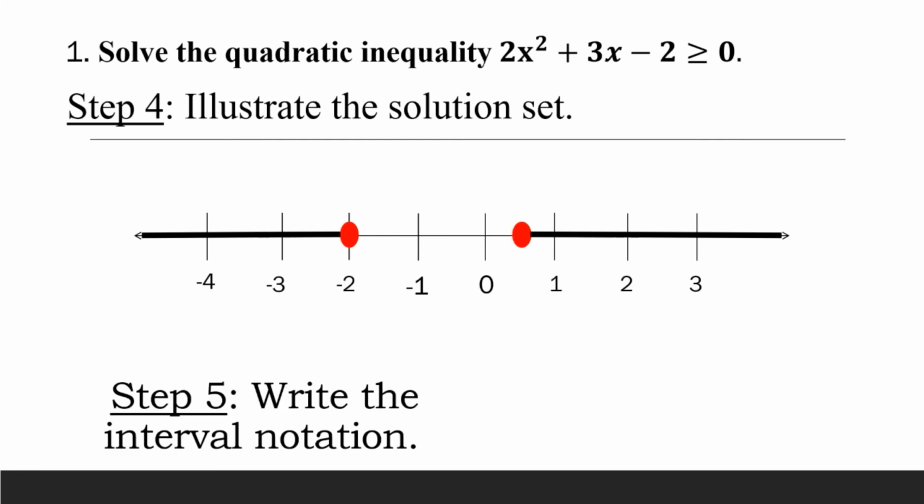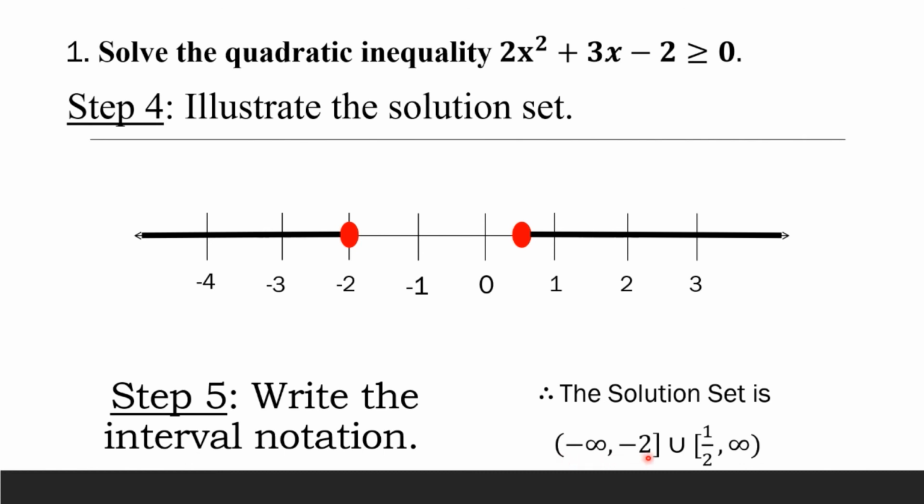Now, for step 5, we have to write that solution set in interval notation. So the solution set now is negative infinity, comma, negative 2, union, 1/2, comma, positive infinity. Please take note that we are using parentheses for the negative infinity since it does not contain endpoints.